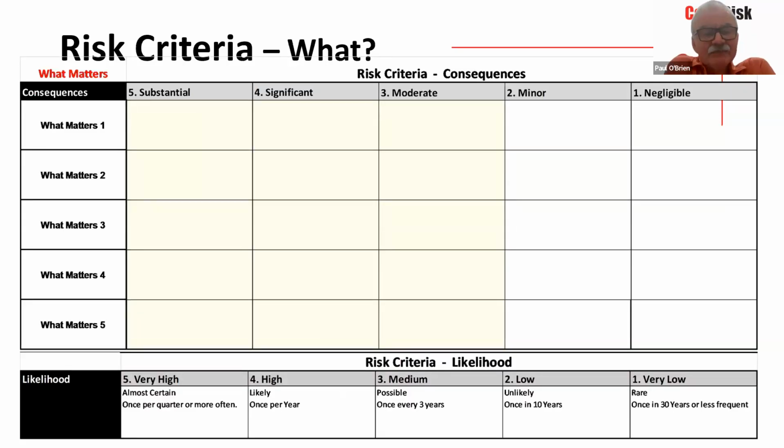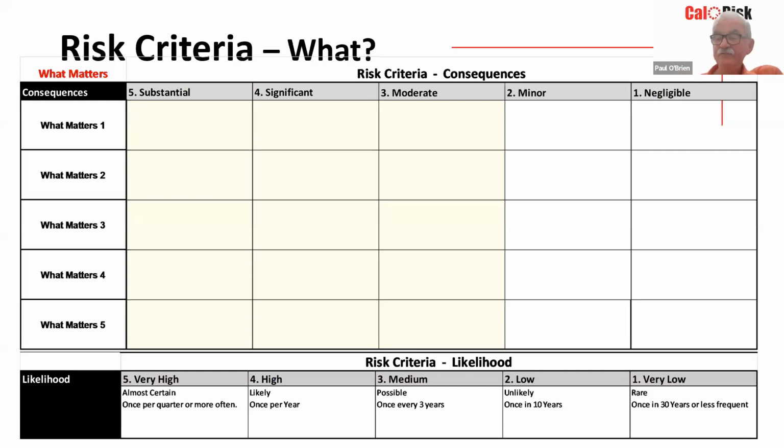We call that single word, or a couple of words, the what matters. So using the what matters term to describe what is lost if the objective is missed gives you an idea of, in terms of that what matters, how bad could it be?